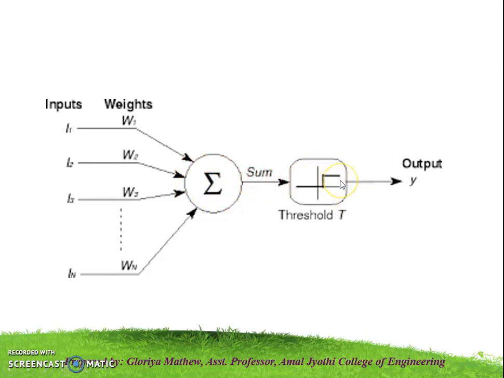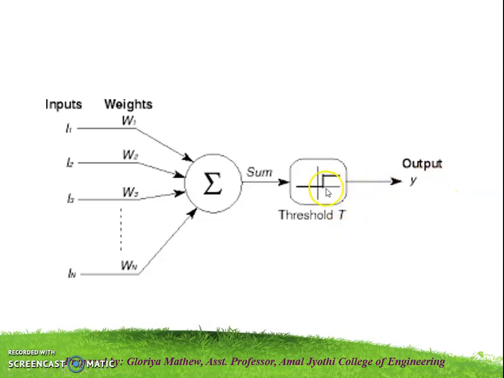If the value of the activation function reaches a threshold value t, then only will it fire the output to the next neuron. If the value of the activation function is less than the threshold value, then the neuron will not pass its signal to the next neuron.